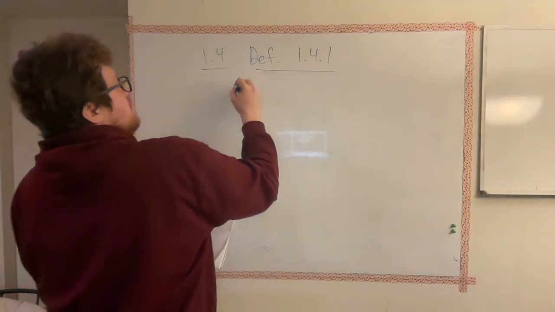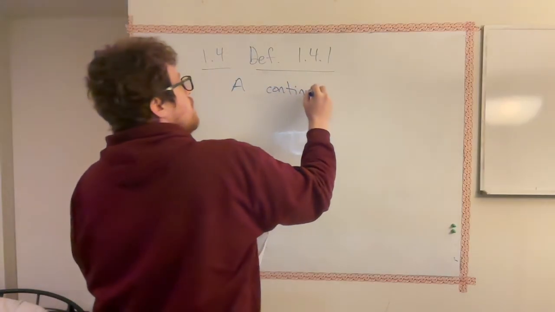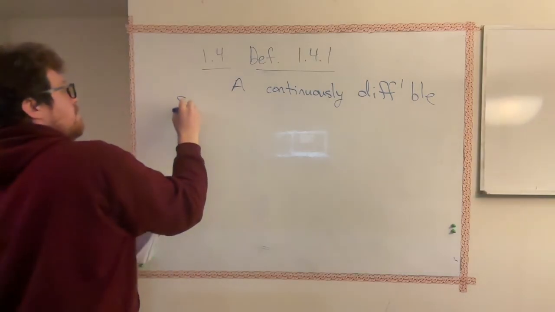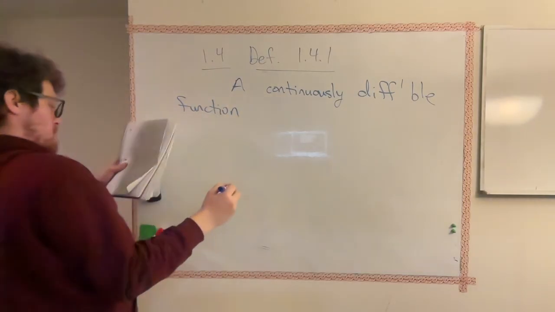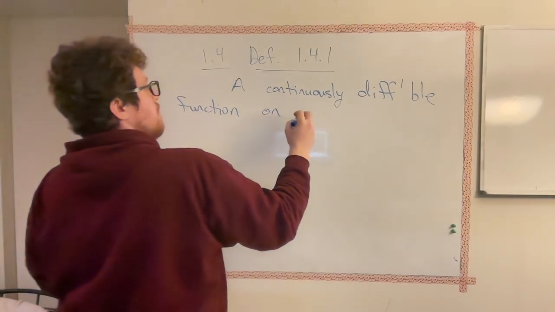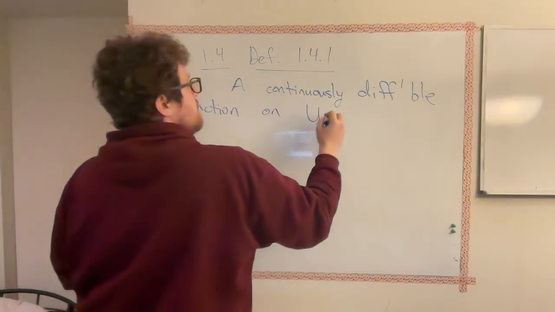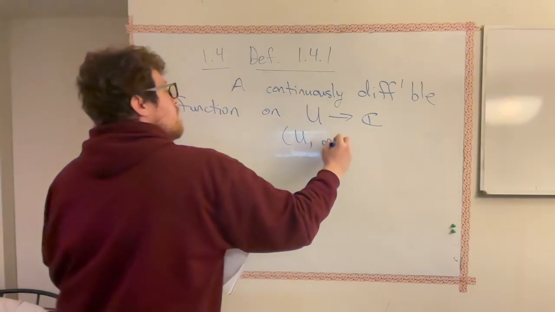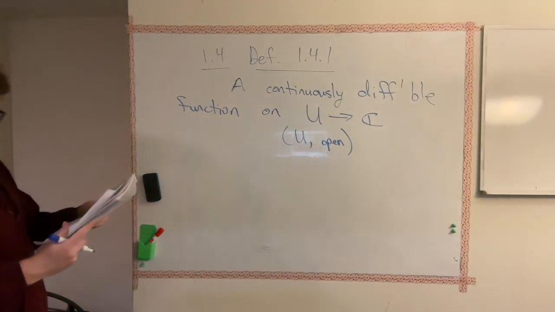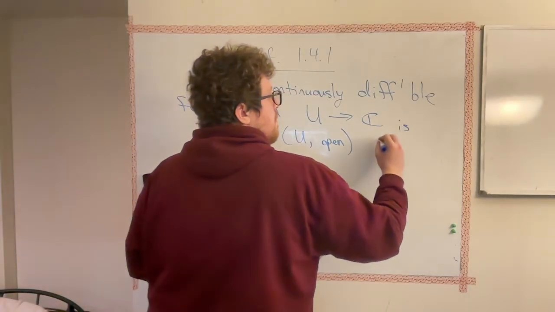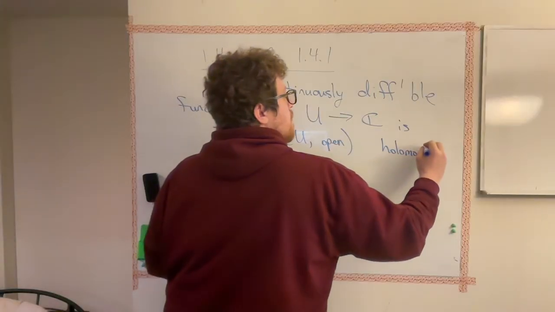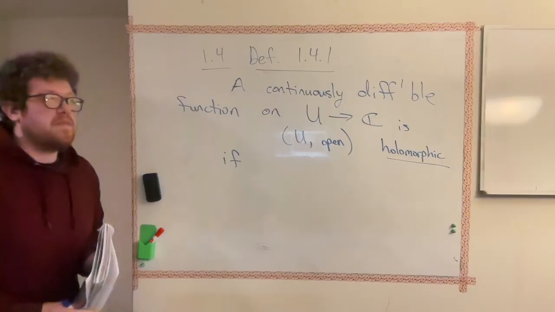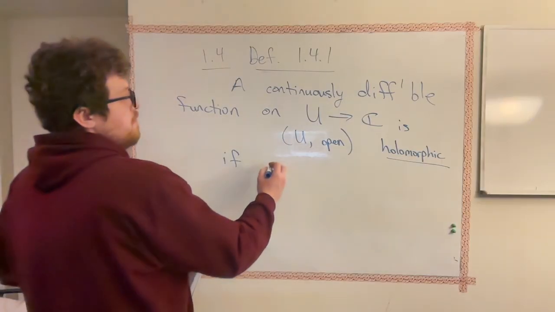So it says a continuously differentiable function on U to C, so some open set U, is holomorphic if the partial derivative of f with respect to z bar is 0 for all points in U.